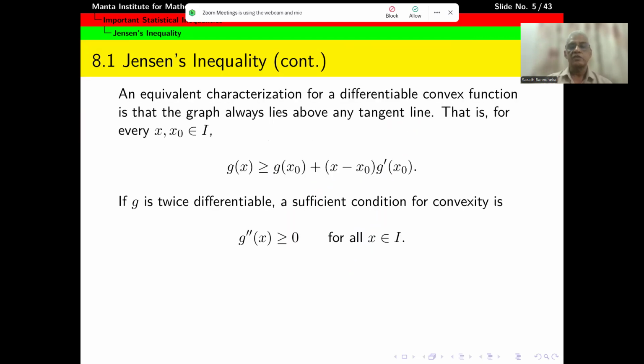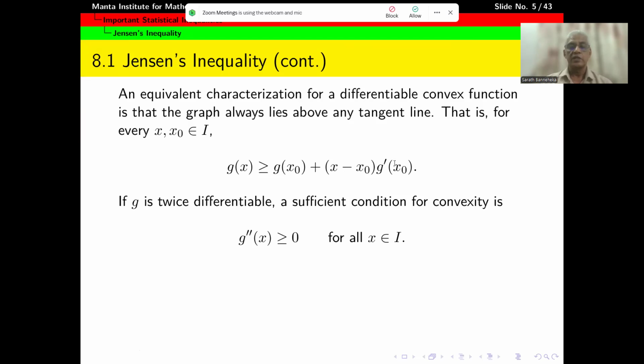An equivalent characteristic for a differentiable convex function is that the graph always lies above any tangent line. Mathematically, that can be expressed as: if you consider any point x naught and any value x, then g(x), the point on the graph, will be greater than or equal to the point on the tangent line at the same point, right?